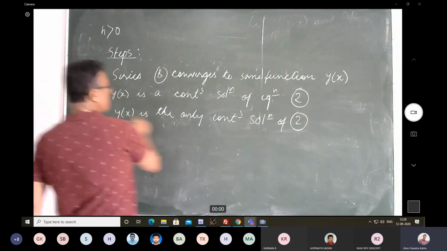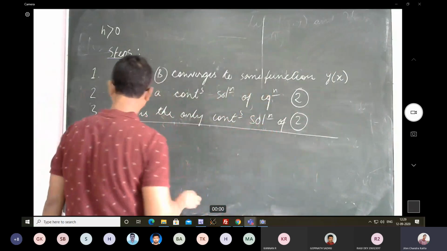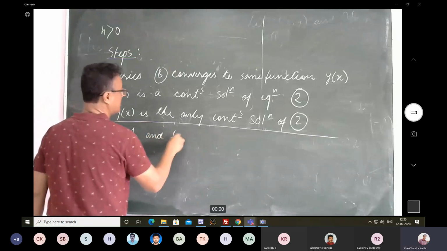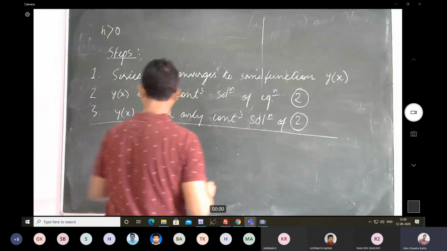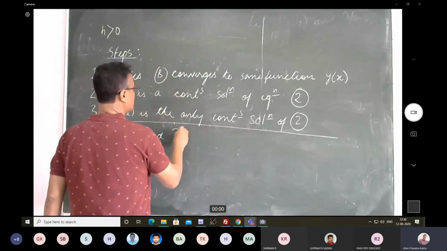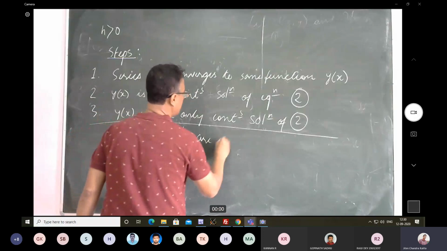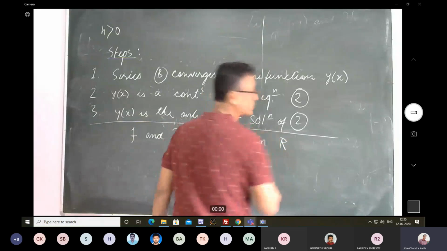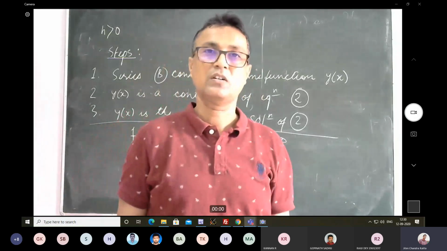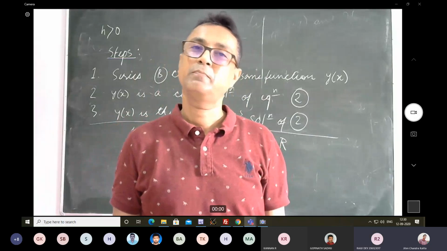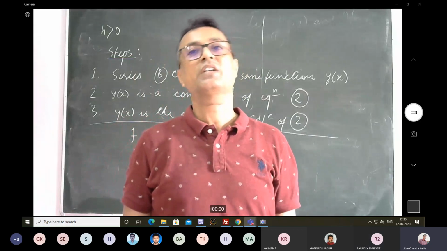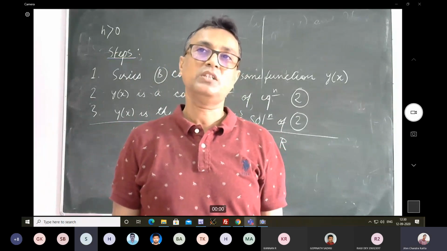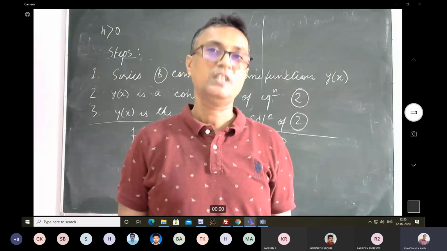See, we have been given that f and its partial derivative are continuous in R. We are assuming that R is a closed rectangle, and you know that every continuous function on a closed interval is bounded.